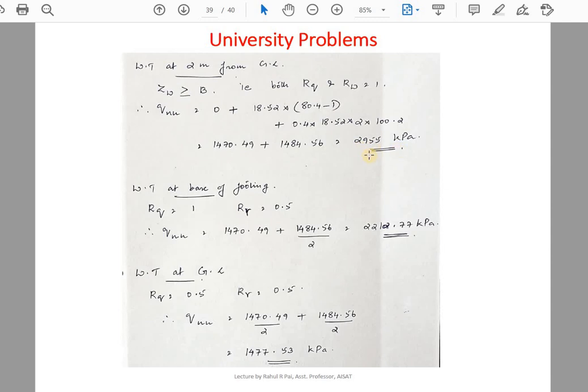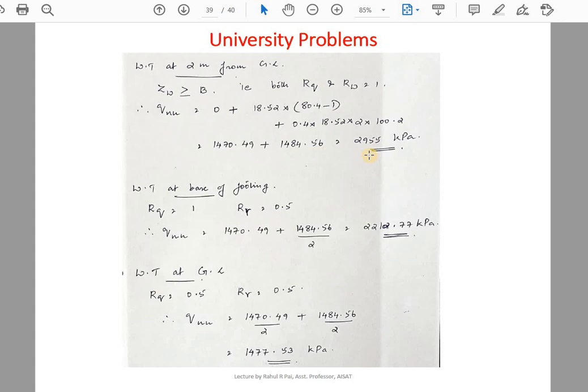Now when the water table is at the base of the footing, that means soil above the footing is not saturated and soil below the footing is saturated, or you can say, better use the term submerged. So soil above the footing is not submerged and soil below the footing is submerged.